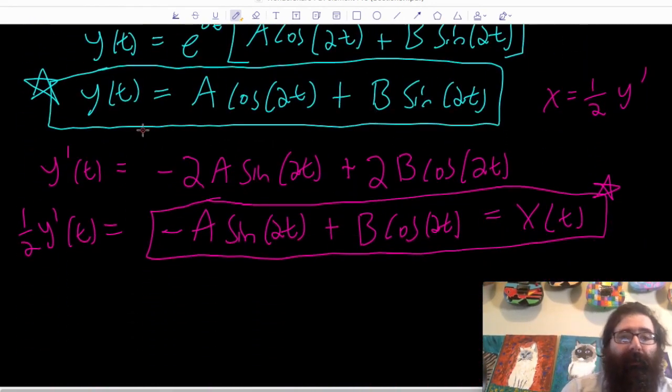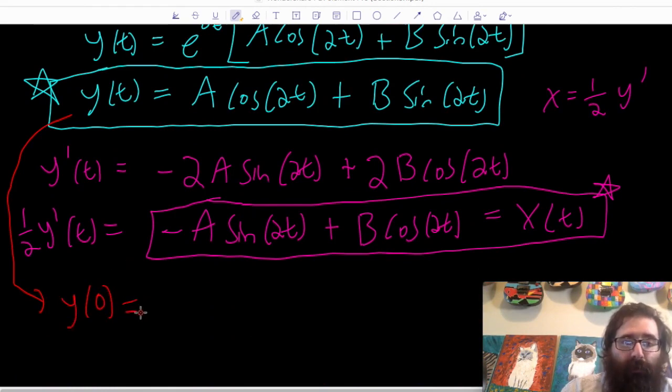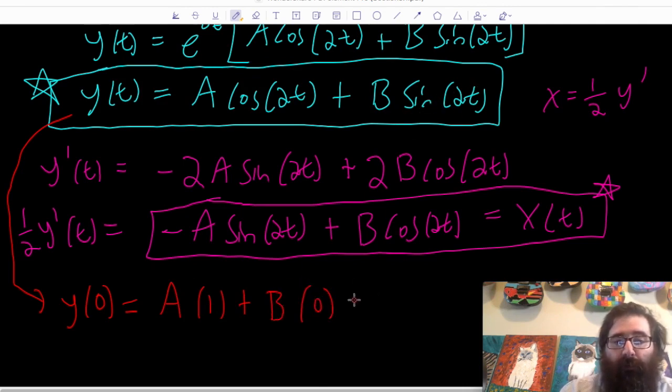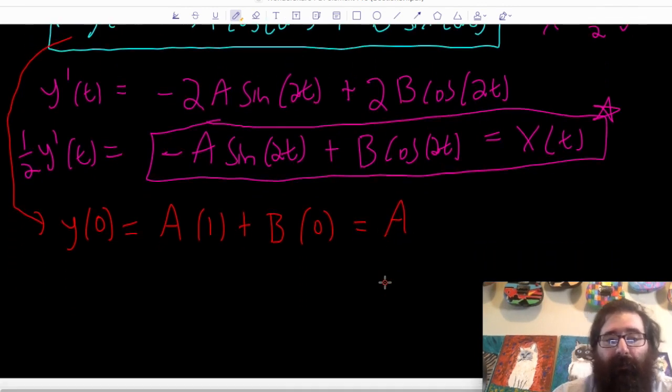If I go to y and plug in, y at 0, we get a times cosine of 2 times 0, that's cosine of 0, which is 1, plus b times sine of 0, which is 0. So this just gives me a times 1, just a, and we said y at 0 is equal to 0, so a is equal to 0.